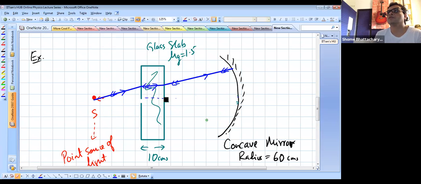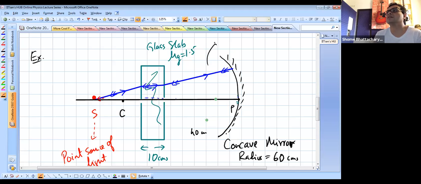Okay, now what we want in this ray diagram is that, first of all, let's draw a sort of principal axis. This is where our pole is. Now, if this is 40 centimeters and this is 10 centimeters, so 50, the center of curvature of the mirror is somewhere here.